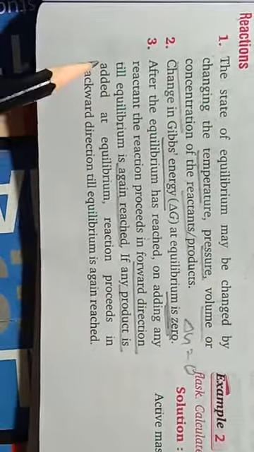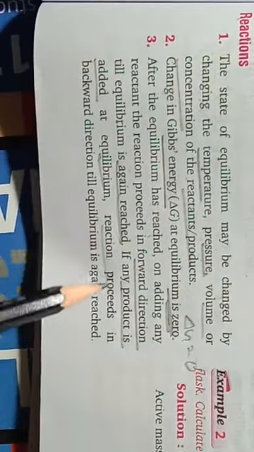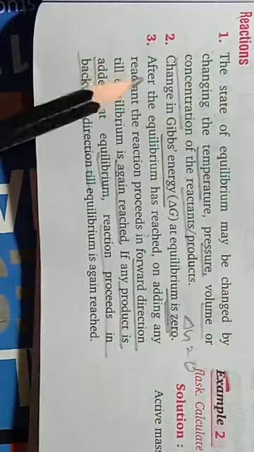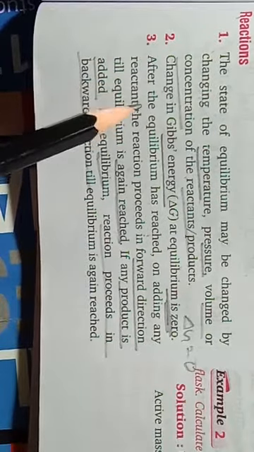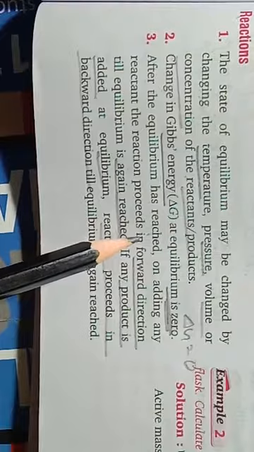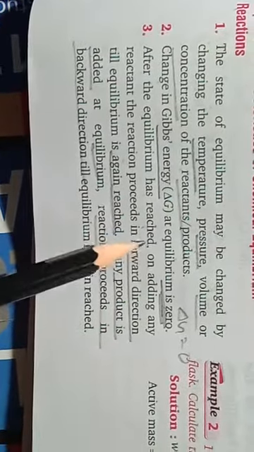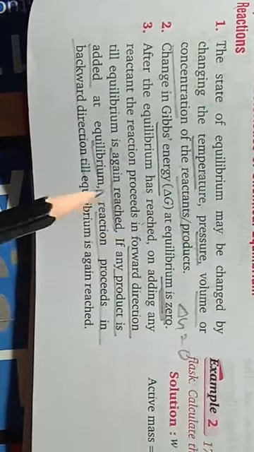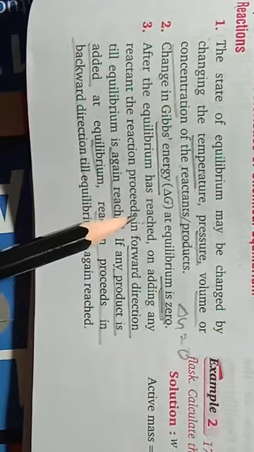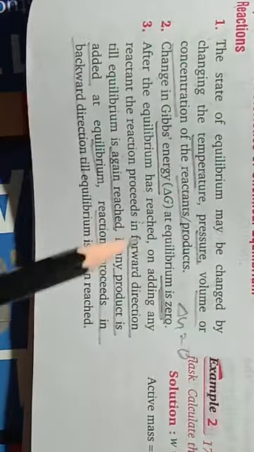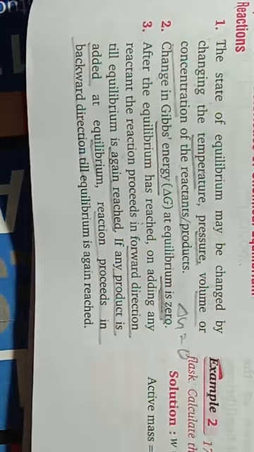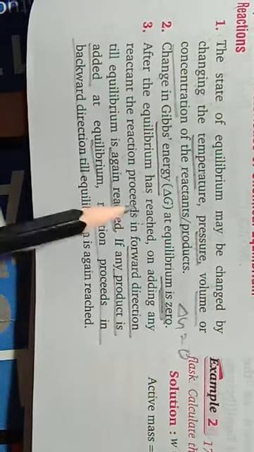If any product is added at equilibrium, the reaction proceeds in the backward direction. Okay, so according to this point, when we are adding some amount of reactant in a reversible reaction at the state of equilibrium, then what will happen? For some time the state of equilibrium will be disturbed, but after a particular time it will be regained by the reaction.